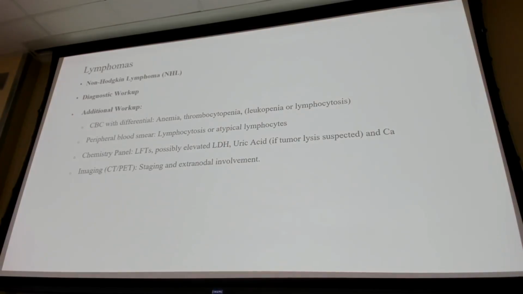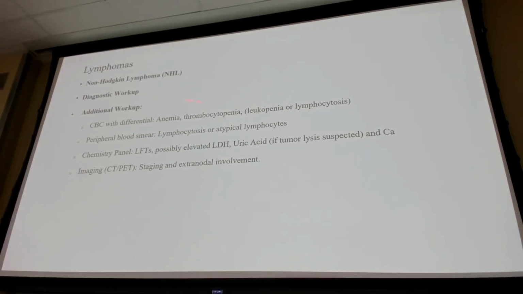What do we expect to see? Anemia, thrombocytopenia, leukopenia, or lymphocytosis. So again, if we go back to where we were with that CLL picture, the anemia, thrombocytopenia, everything is being crowded out, and then the lymphocytosis.